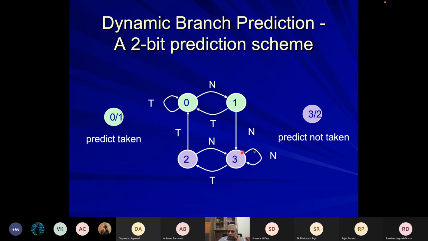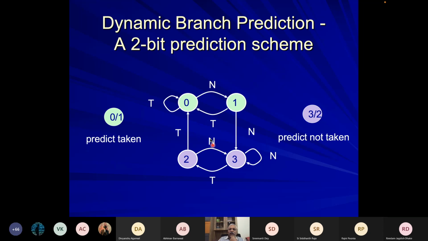So here now, if prediction is correct, you continue here. With 1 misprediction, you are on a watch, and if there are 2 mispredictions, you change your mind. But after 1 misprediction, if you have a correct prediction, then you are back to this one.